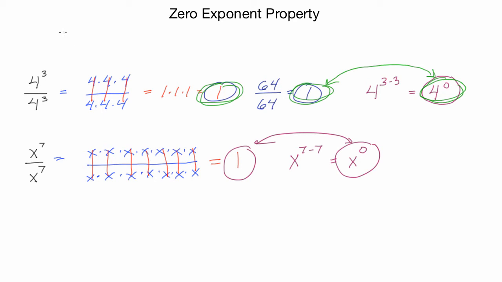Any number b, or any variable b, to the 0th power is going to equal 1. Just by definition of how we use the quotient property of exponents, and the fact that any number divided by itself equals 1.